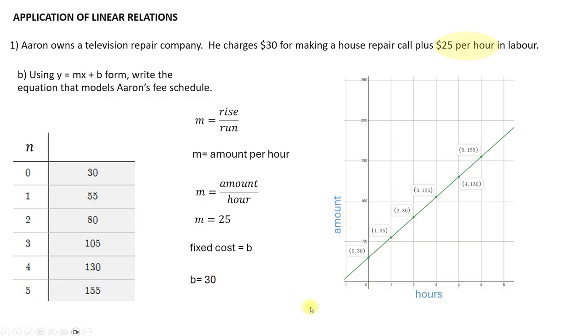So we have enough information already to know that m is 25 and our y-intercept is 30. So with that amount of information, we can write our equation, y equals 25x plus 30, or probably more specific to this particular question, we could say that y, or the amount, equals 25n plus 30.